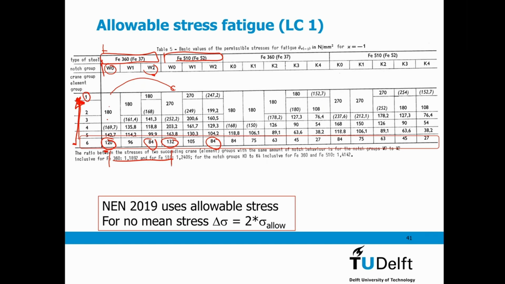And if you use your crane, if the usage class increases, so from here till there, then the allowable fatigue reduces. Same for welds. They start with the same categories.